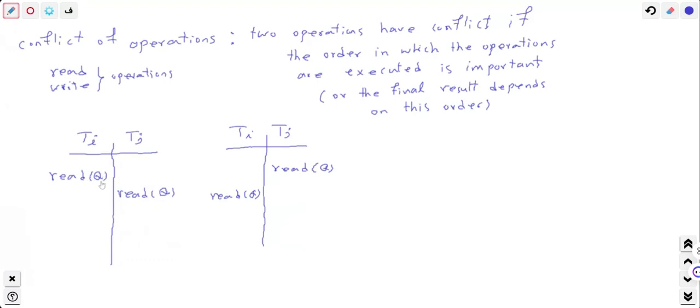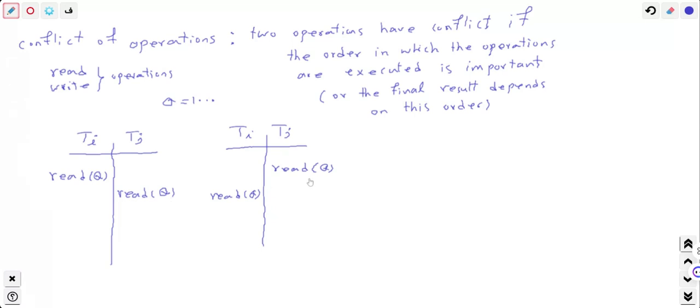If Q has the value, for example, 1000, and Ti reads Q, it sees that the value of Q is 1000, then Tj reads and sees that the value is 1000.